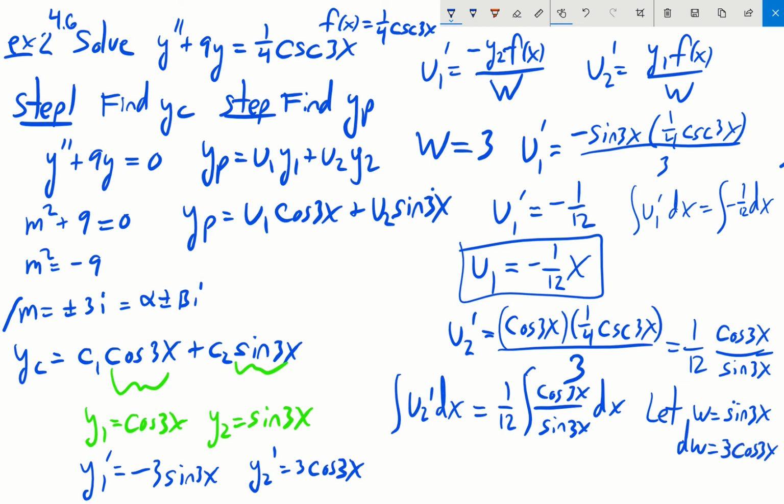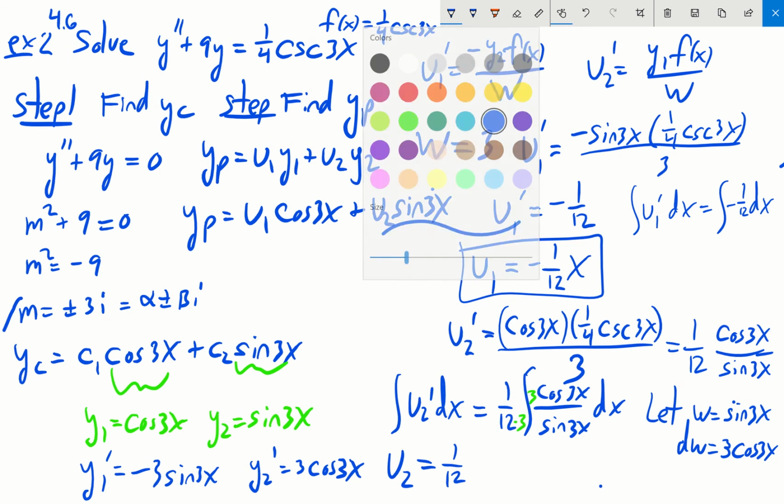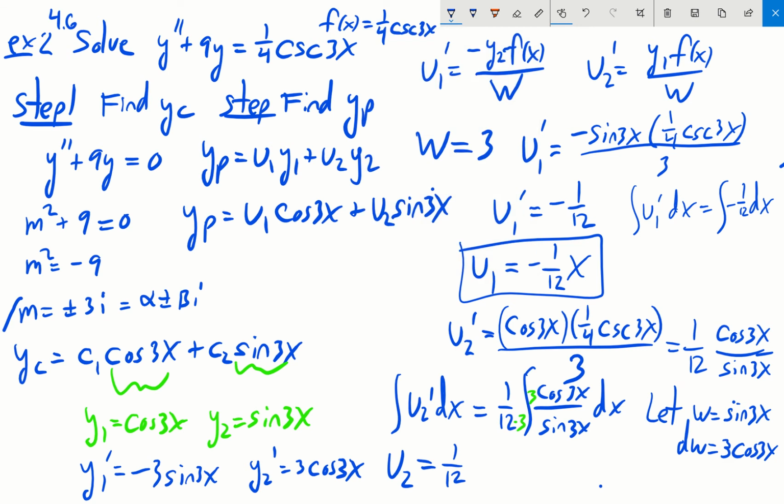So we would need to put a multiplication by 3 on the inside to fit the substitution by putting a division by 3 on the outside. So we're going to get a 1 over 36 for this factor. This would now become the integral of 1 over w dw.